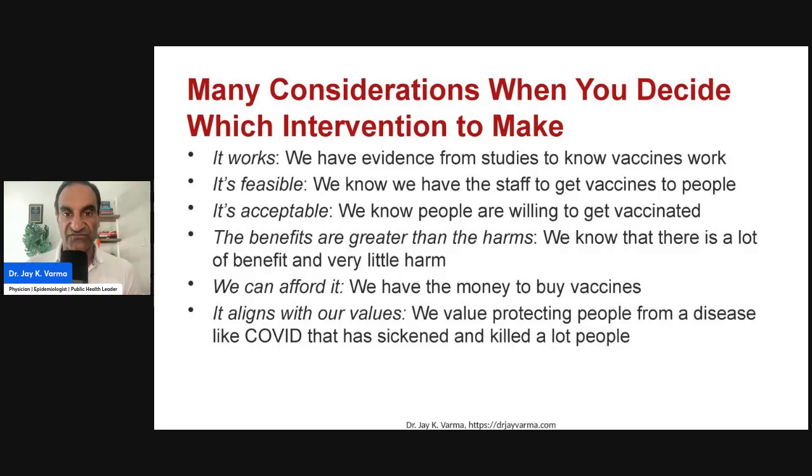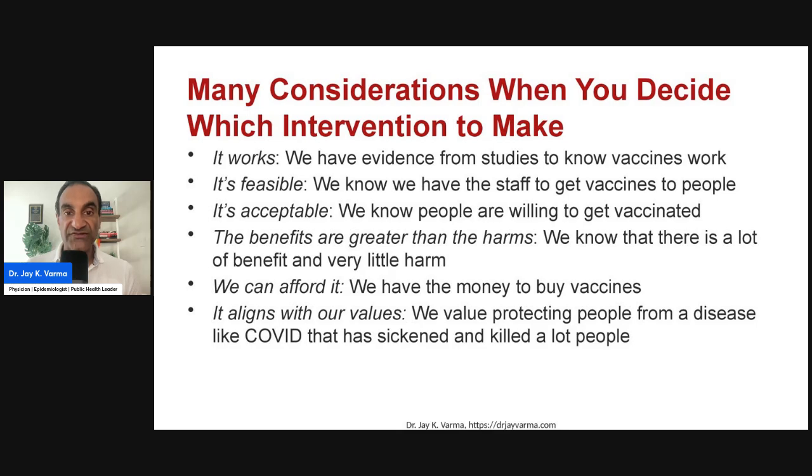Okay, so what are the factors? The first is, does the intervention work? That means we have evidence from studies to show, for example, that vaccines work. It's feasible. We know we have the staff to get the vaccines to people. It's acceptable. We know that people are willing to get vaccinated.